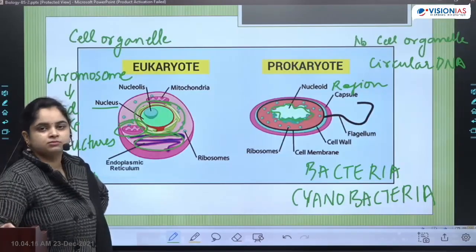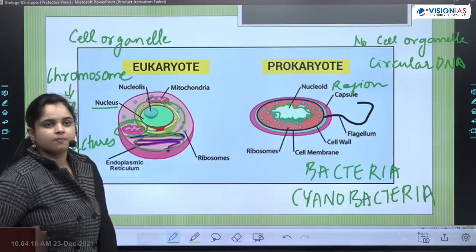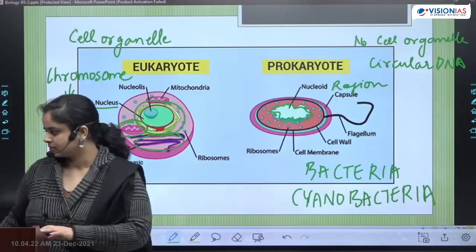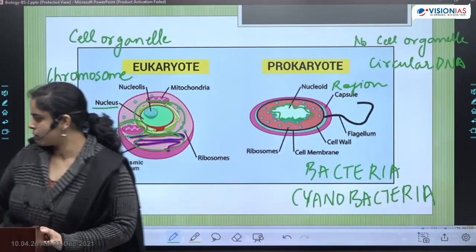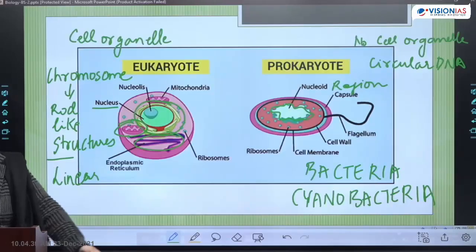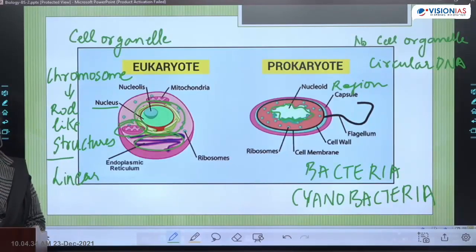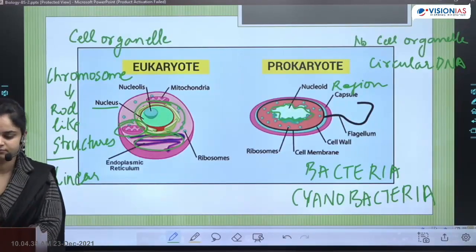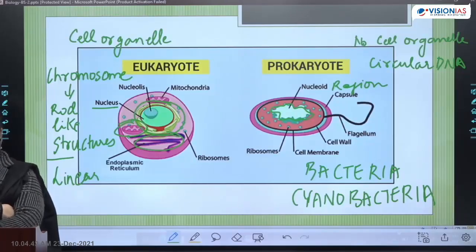Then eukaryotes can be unicellular or multicellular organisms which have a membrane bound nucleus and cell organelle.